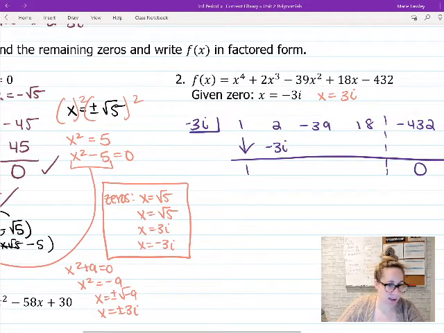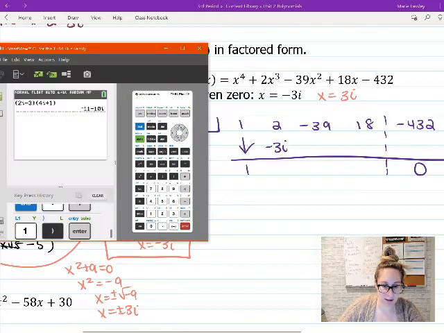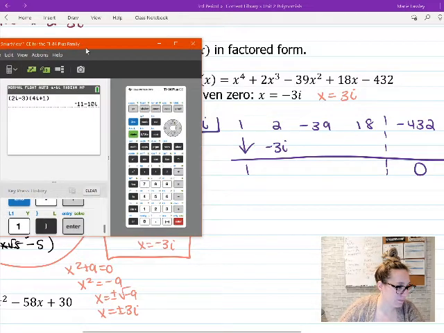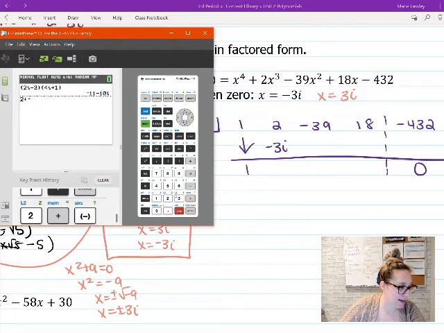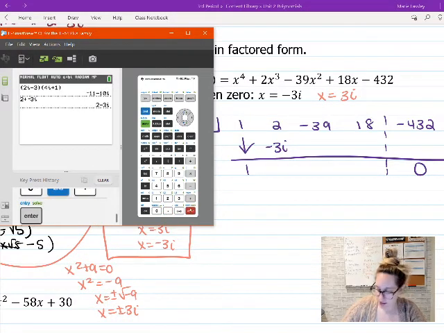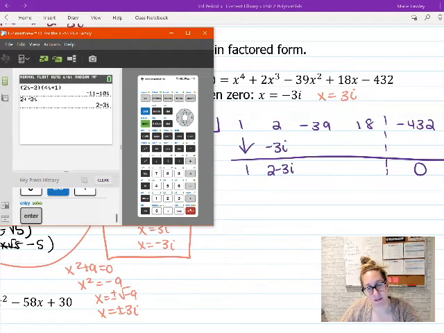But now I lost my calculator. Where did you go? There you are. If you want to use your calculator, feel free. So this is 2 plus negative 3i, and that's just 2 minus 3i, which you probably could already figure out.